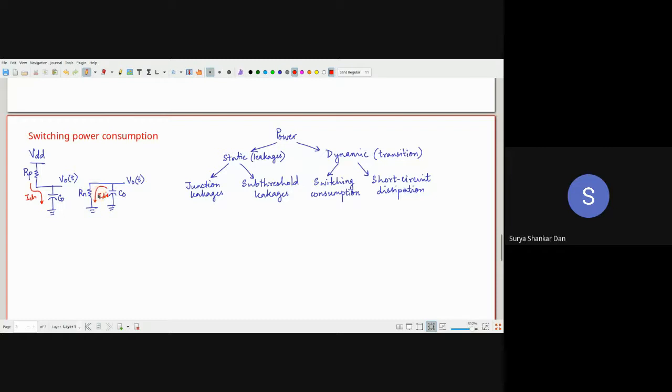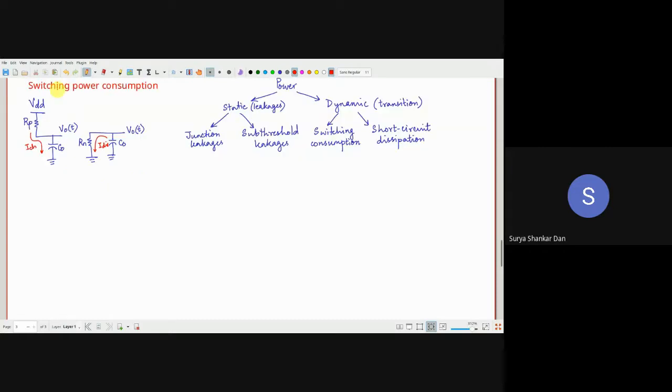Okay. So we are making that assumption that there is no power which is lost. Okay. Then what is our charging current? Will be equal to plus CO dVO/dt. What is the discharging current? Clearly, similarly, it will be minus CO dVO/dt.